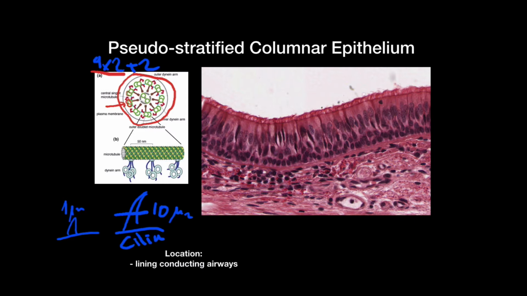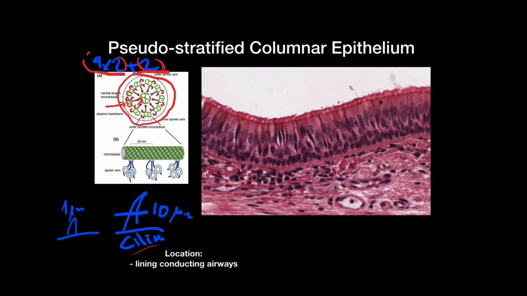And these 9 pairs of microtubules are mainly found surrounding 2 centrally located microtubules. That's why it's plus 2, because you have 2 microtubules in the center. So again, the structure of cilia is 9 pairs of microtubules surrounding 2 centrally located microtubules.